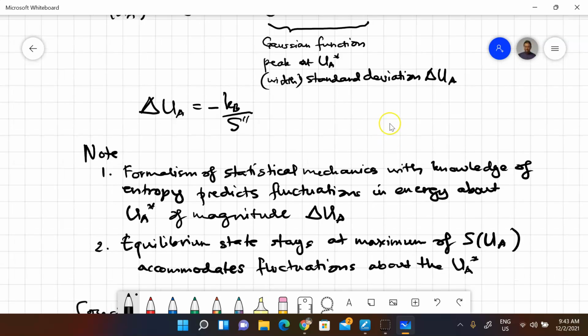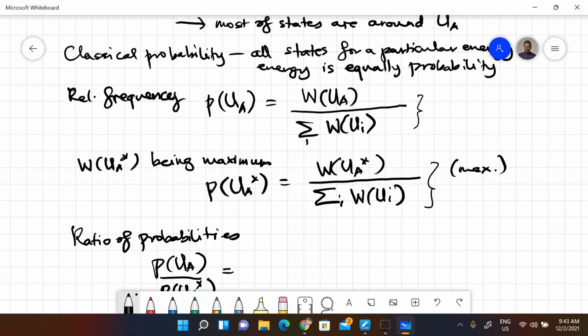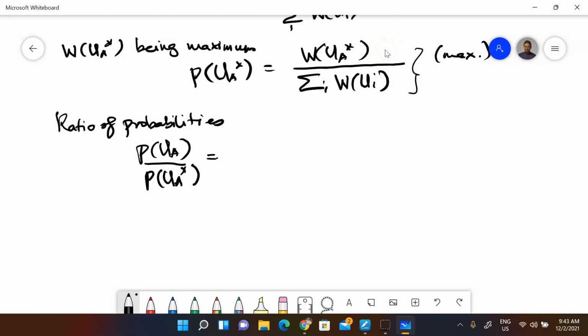Okay, and let me go down below then. So this will now become, taking into consideration all the things that I mentioned just now, exponential minus (UA minus UA star) squared divided by 2 delta UA squared.